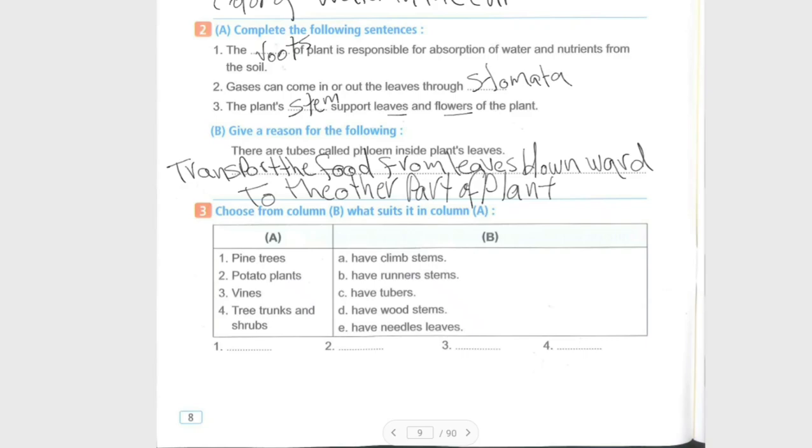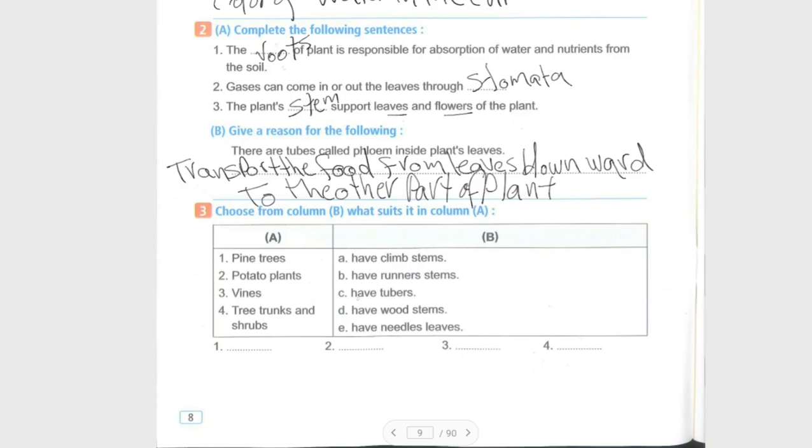Number 3, choose from column B what suits it in column A. Pine tree, potato plants, veins, tree trunk and strips. Have climbing stem, have runner stem, have tubers, have wood stem, have needle leaves. Let's see number 1.